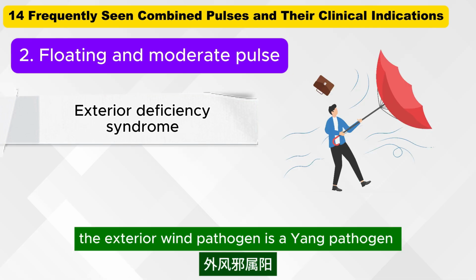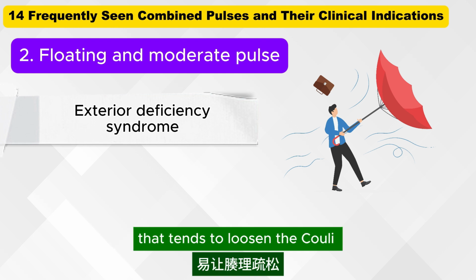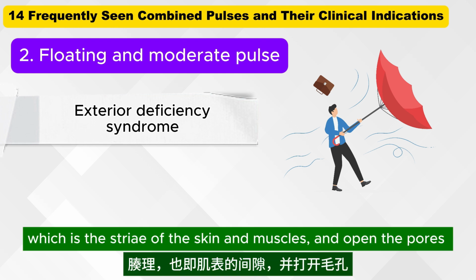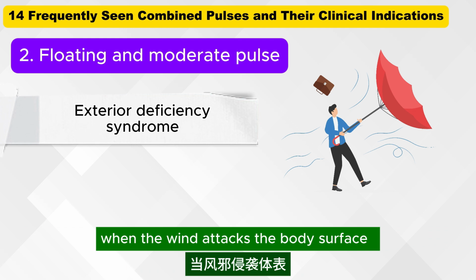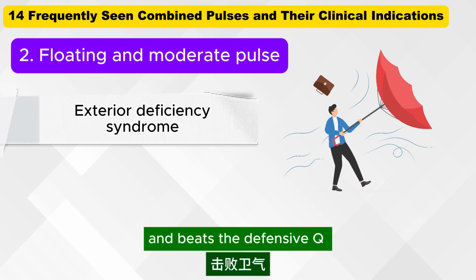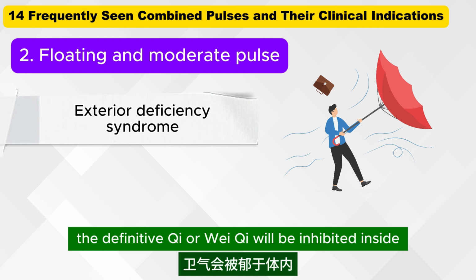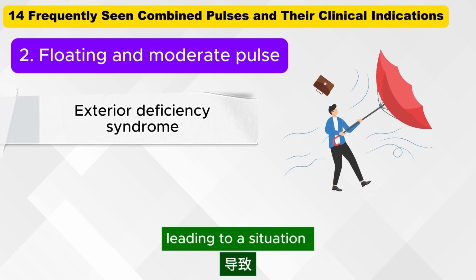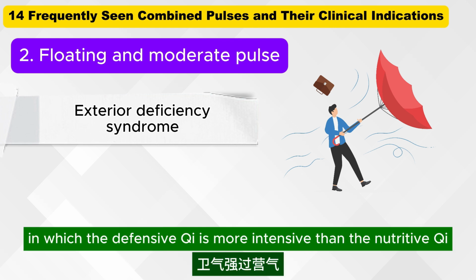The exterior wind pathogen is a yang pathogen that tends to loosen the cou li, which is the striae of the skin and the muscles, and open the pores. When the wind attacks the body surface and beats the defensive qi, the defensive qi, or wei qi, will be inhibited inside, leading to a situation in which the defensive qi is more intensive than the nutritive qi.